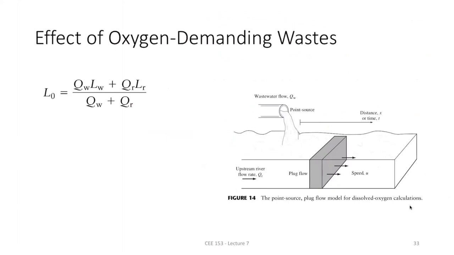And let's see what happens at the mixing point. At the mixing point means here your things are coming, which is the river water, and the river water has a BOD LR, and that's where you have another water coming in. So that one has a BOD LW, and then you say what is the concentration here.